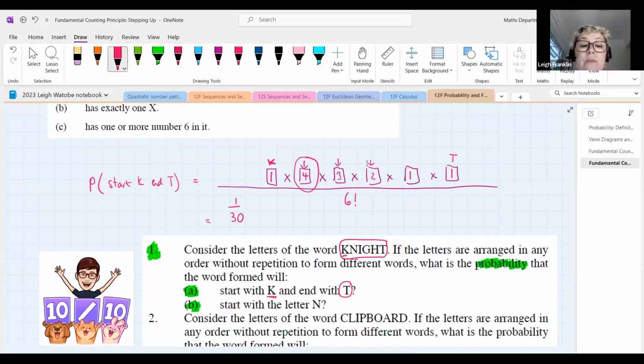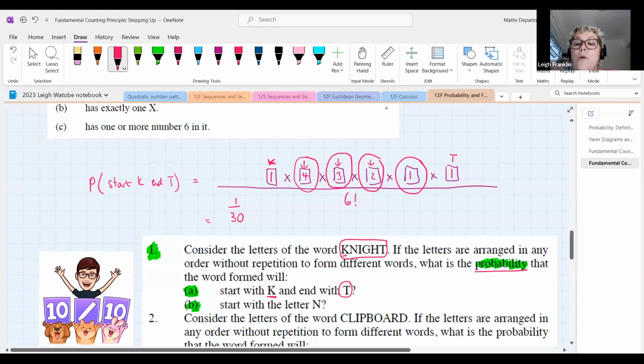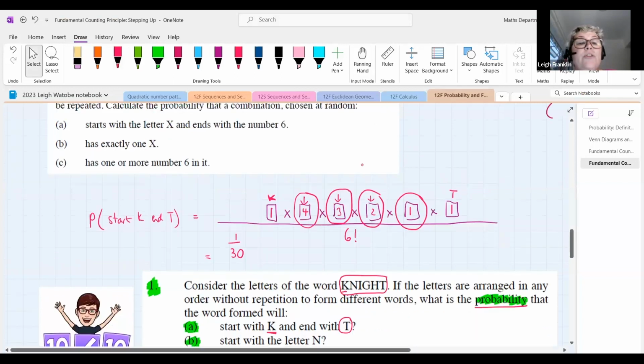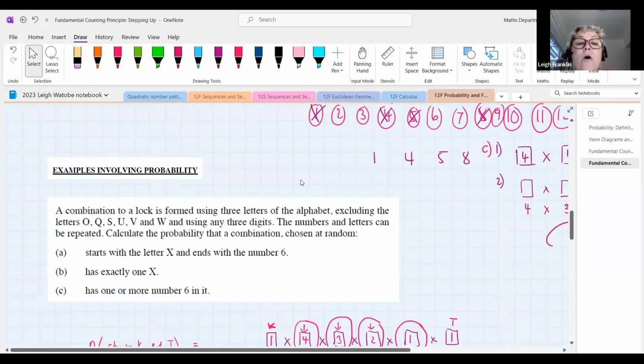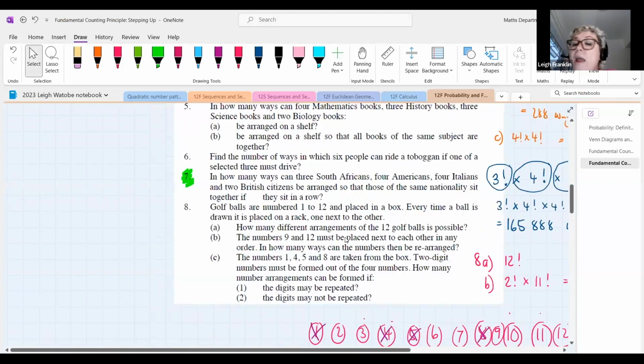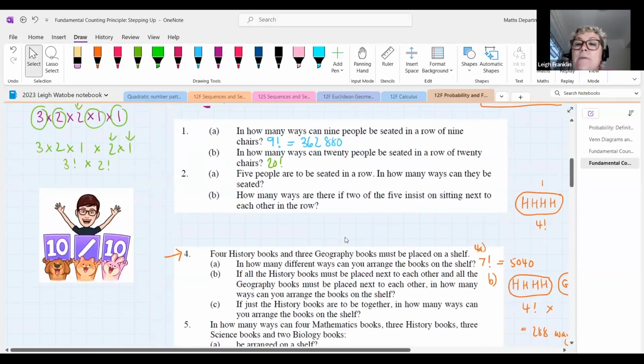Okay, we can't have any repetition, all right? So that means that if 3 letters are gone, there are 3 letters to fill the third block, 2 letters to fill this block, and only 1 letter that can go in that one. Okay, so Leanne, the difference is here they are asking for probability. In the questions that we did before, they were asking for the number of ways. They didn't ask for probability.